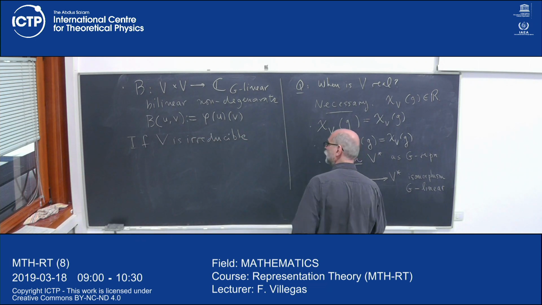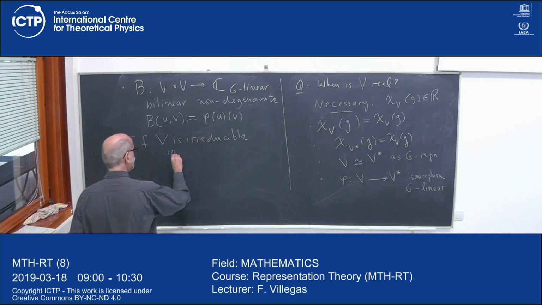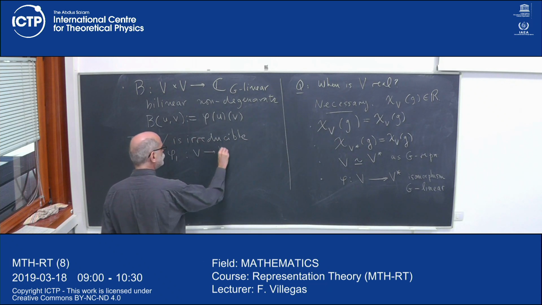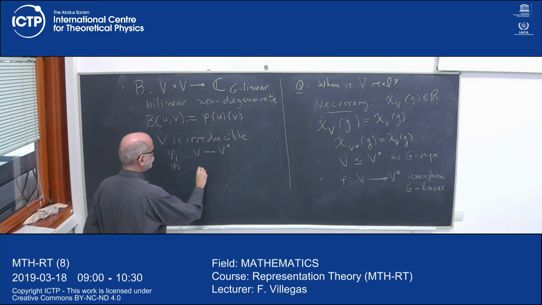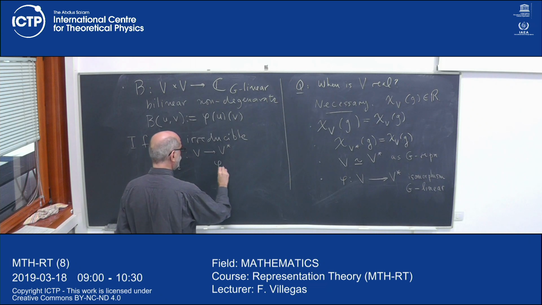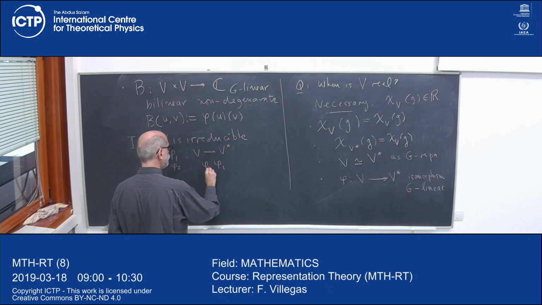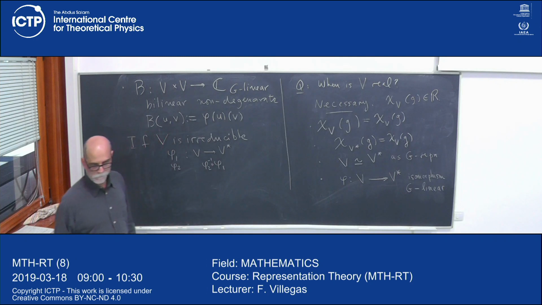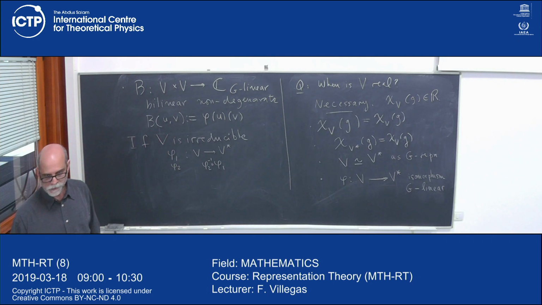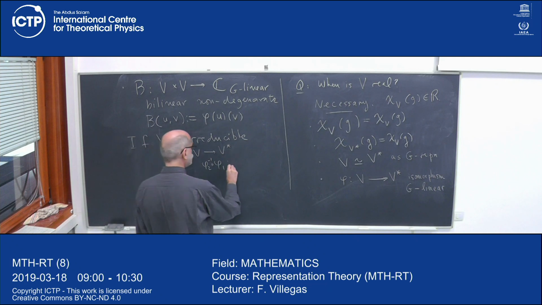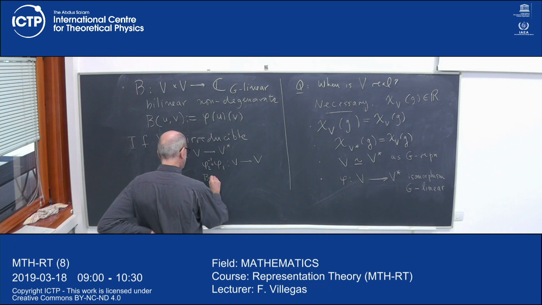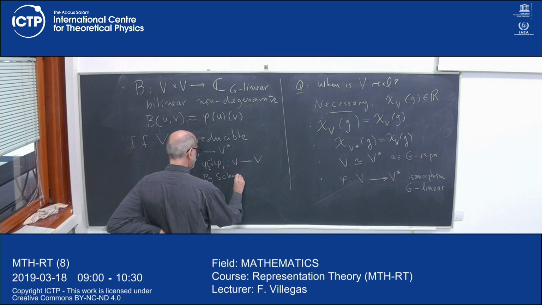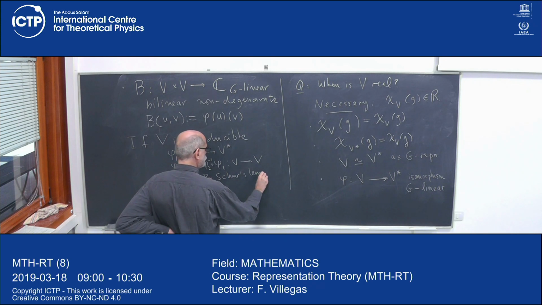Well, if we have two of these isomorphisms between V and V dual, Phi1 and Phi2, you can take Phi1 and then compose with Phi2 inverse, and this would be a map from V to V, which is an isomorphism and also G-linear, and therefore by Schur's lemma it has to be a scalar.